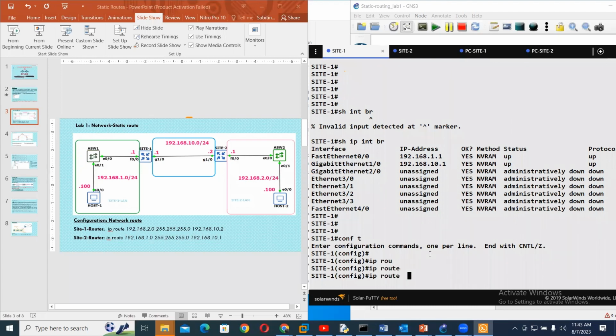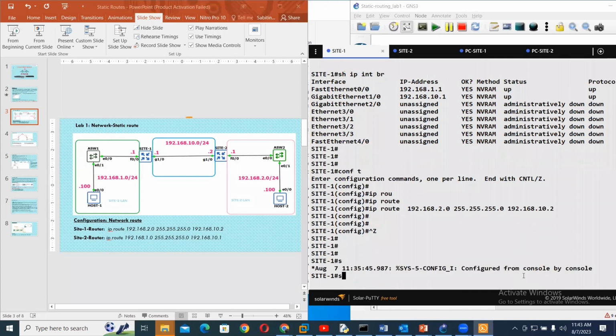Our destination network is 192.168.2.0, 255.255.255.0, and our next hop is 192.168.10.2.